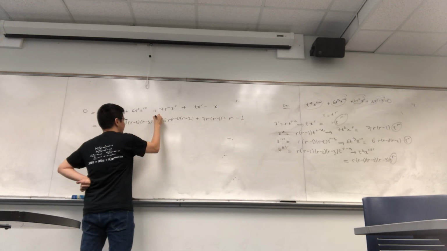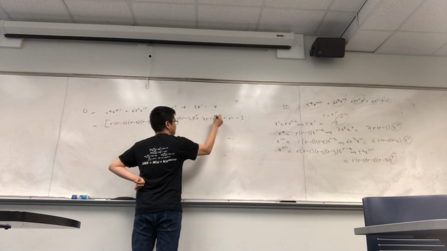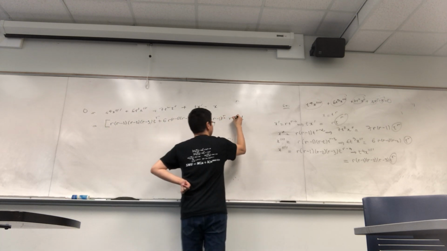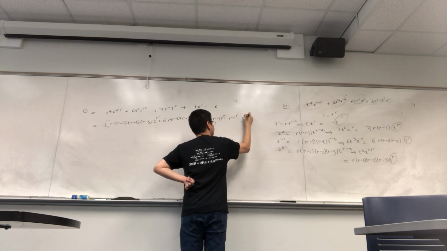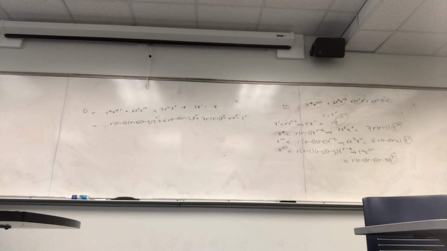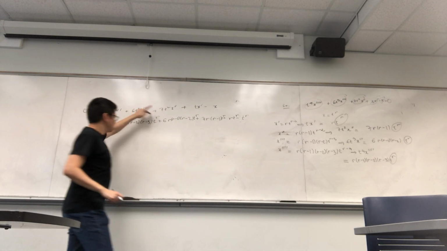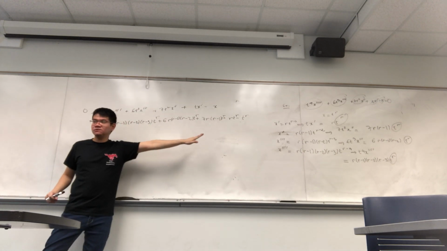So this is t to the r, t to the r, t to the r, t to the r, and here you have t to the r. After you put x equals t to the r into the equation, this is what you get.